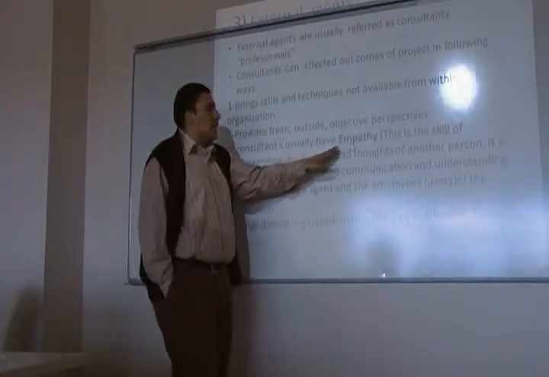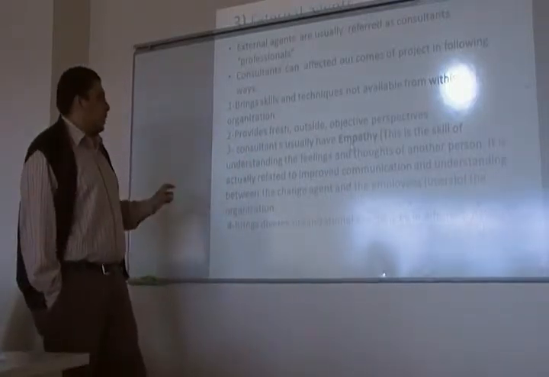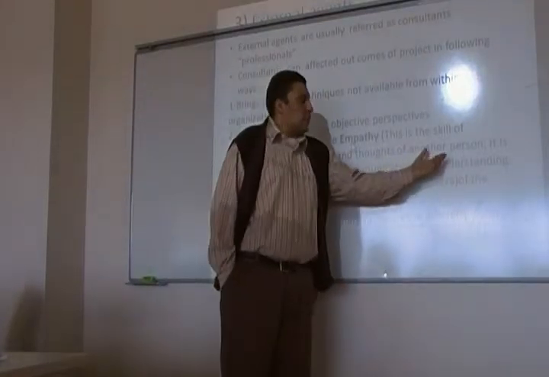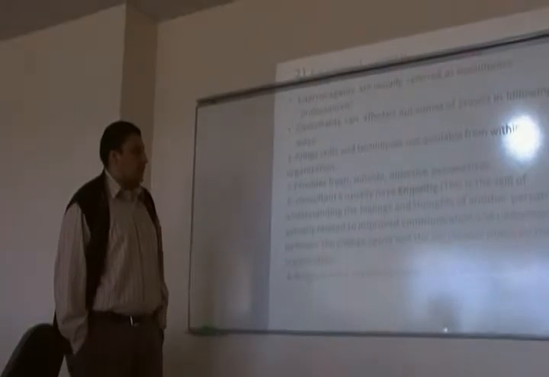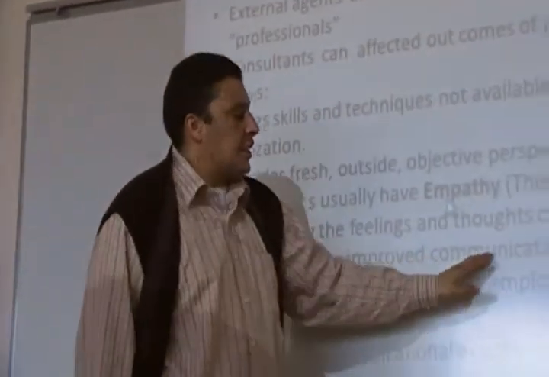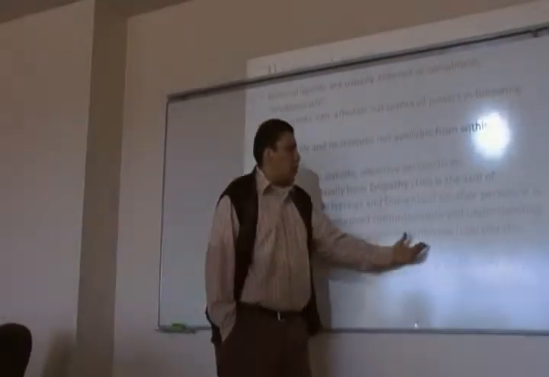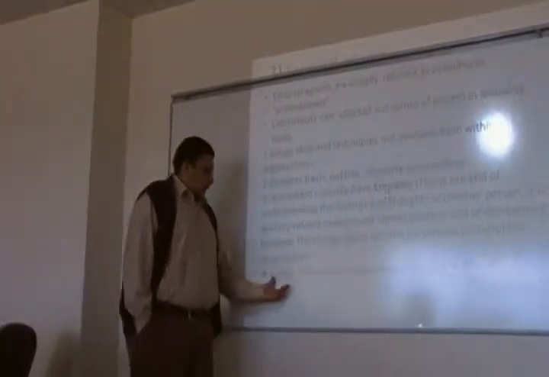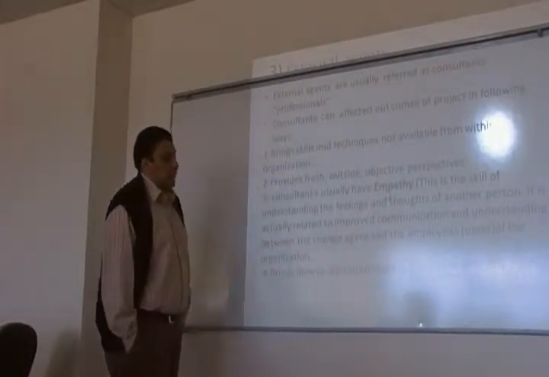Consultants usually have empathy, the skill of relating to, understanding the feelings and thoughts of another person, especially in social interaction. It actually improves communication and understanding between the change agent and employees in the organization. They also bring diverse organizational experience in different fields.